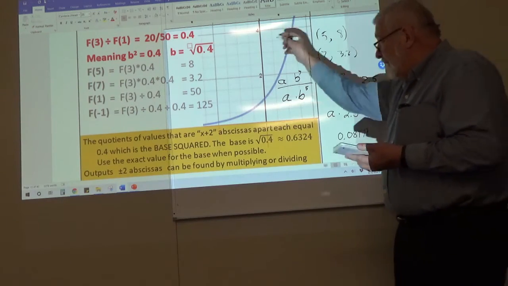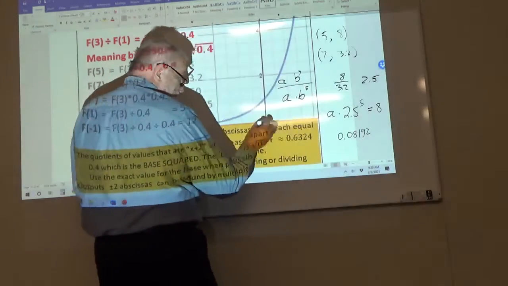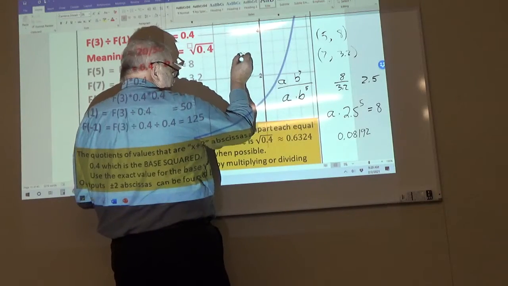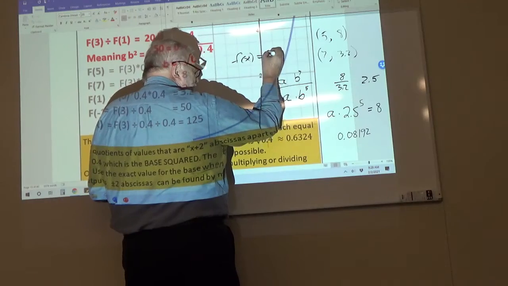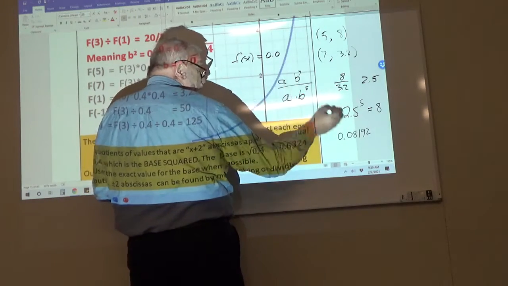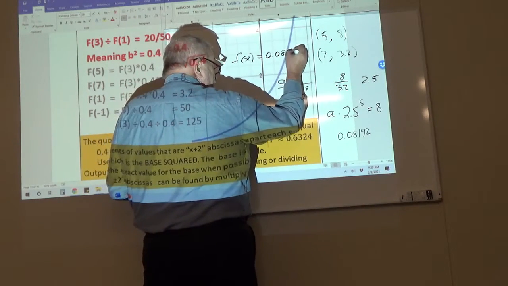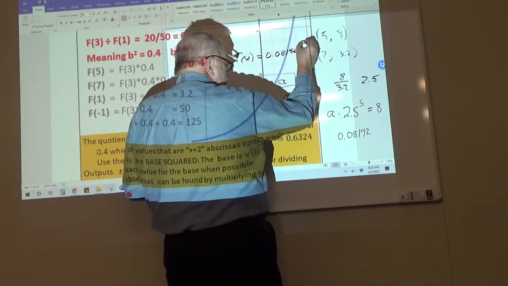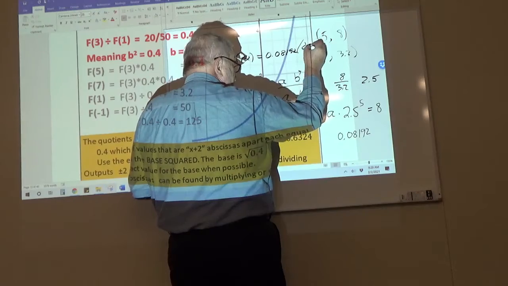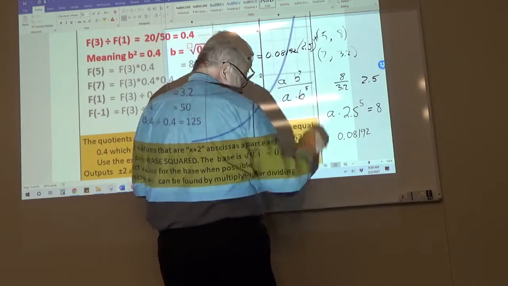0.08192. So the equation of this whole thing will be f of x equals an a of 0.08192 times the b, which was 2.5 to the x power.